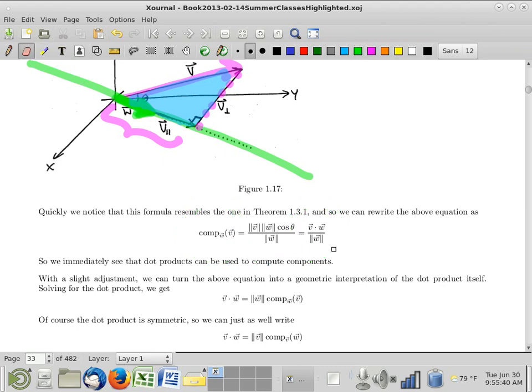This gets rewritten sometimes as a means of interpreting the dot product. It's symmetric, of course, so you can do it either way. One of the unsatisfying things about dot products is students are constantly wanting to know, well, yeah, but what is the dot product?